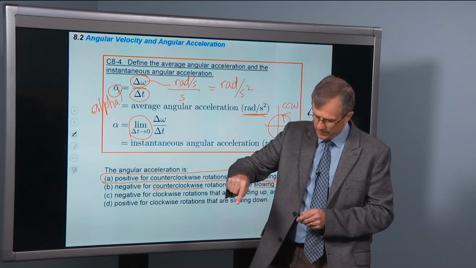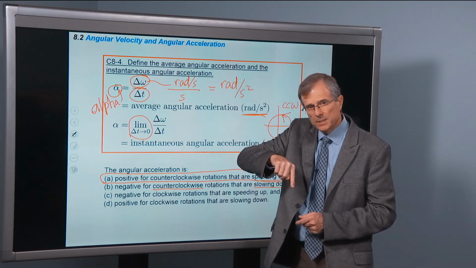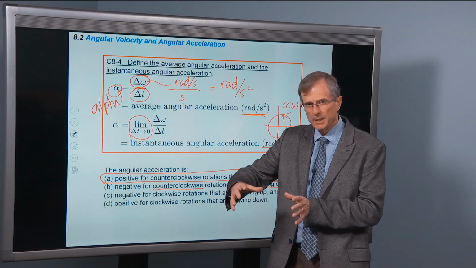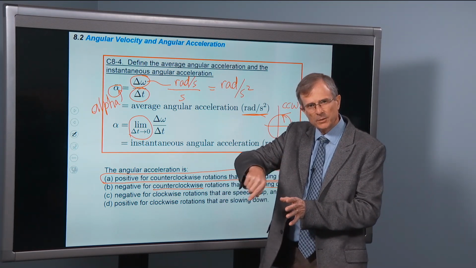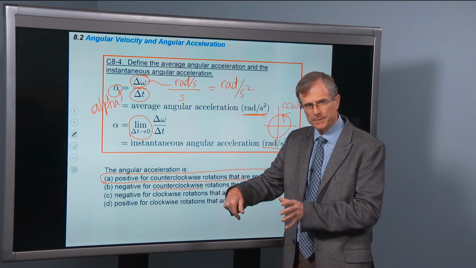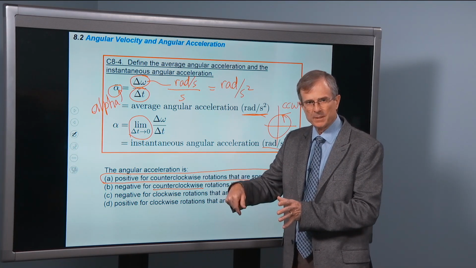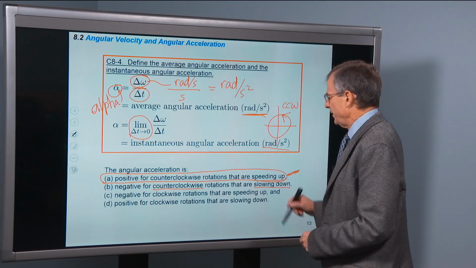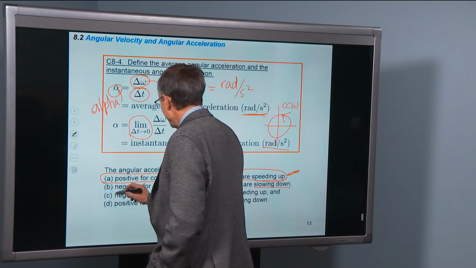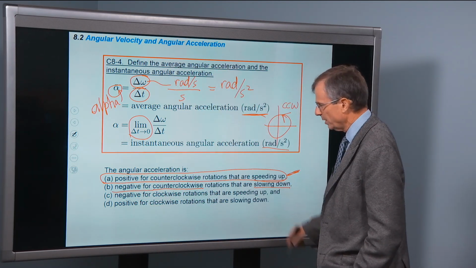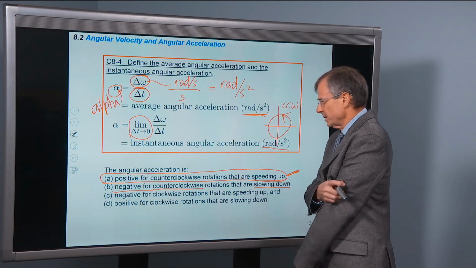So the angular velocity is in this counterclockwise direction, but it's slowing down, not speeding up. So that means that the angular acceleration is in the clockwise direction, in the direction opposite the angular velocity. And that's a negative angular acceleration. Then the other two cases are listed here.